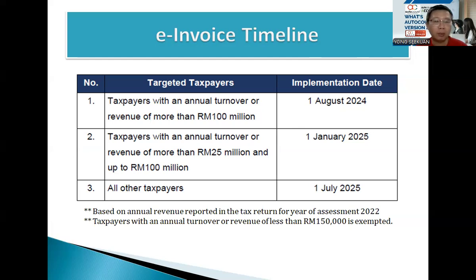Then the third is for less than 25 million, starting on 1st July 2025. All this annual turnover is based on the year 2022. We also have an exemption: if your turnover is less than 150,000, you will be exempted from implementing the e-invoice.